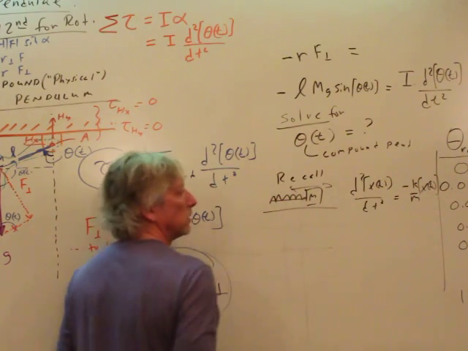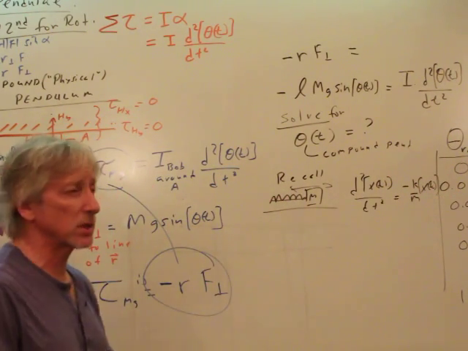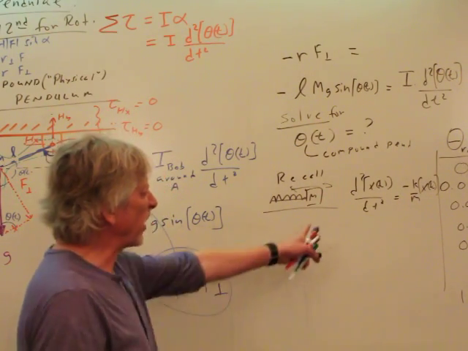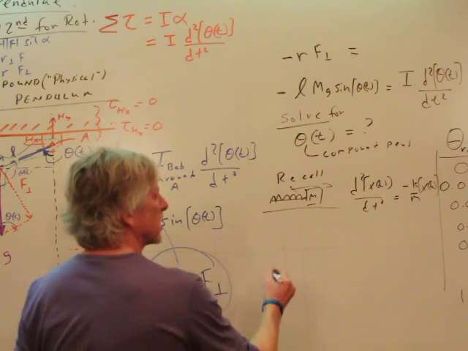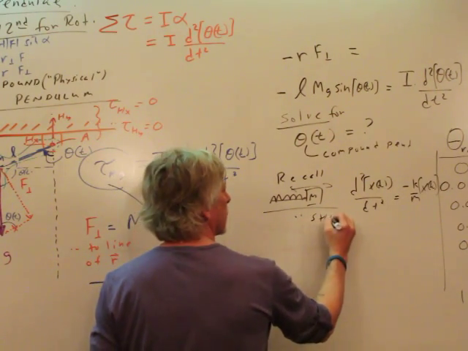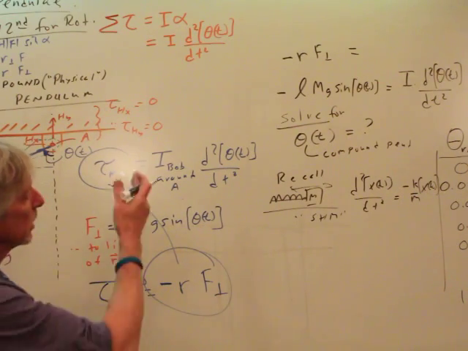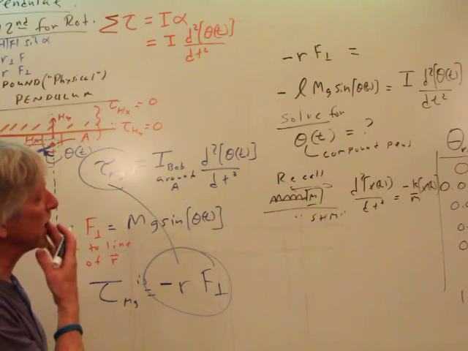Rearrange that real quick, you should see F equals ma for a spring. So if I get that form, that was the classic simple harmonic motion differential equation, right? So let me see if I can get that into that form.